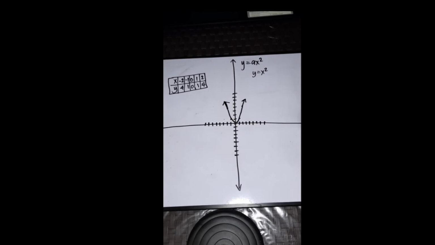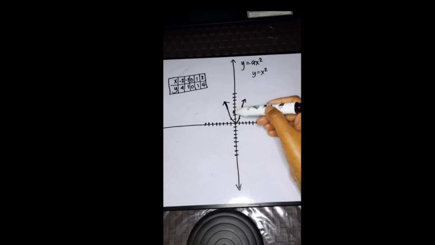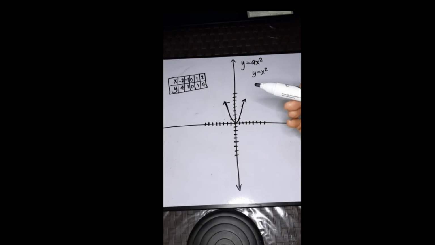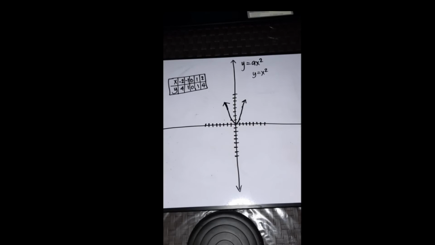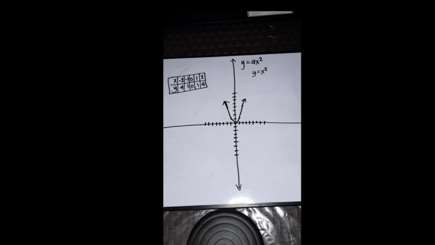And since the axis of symmetry coincides with the y-axis, therefore the equation of the axis of symmetry or the equation of the line of symmetry is x is equal to 0. So we write that as x is equal to 0.